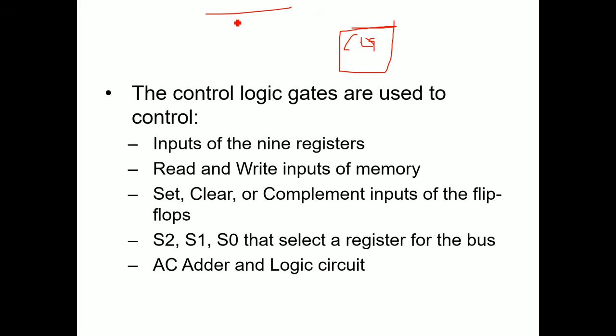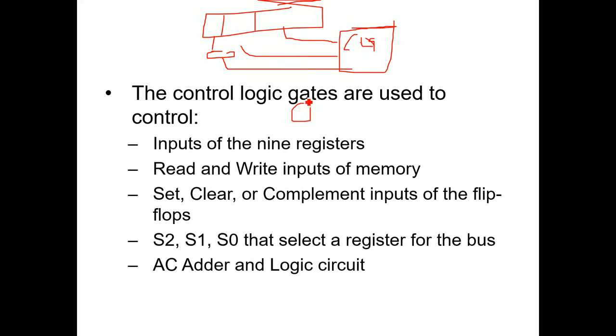In the instruction register, bits 0 to 11 are applied to the control logic gates, and bits 12 to 14 are decoded with a decoder and applied to the control logic gates. The 15th bit, which is a flip-flop, is applied to the control logic gates, as well as the sequence counter decoded with a 4x16 decoder. That information is also applied, and the control logic gates produce some output. That output is useful in order to control all these things.